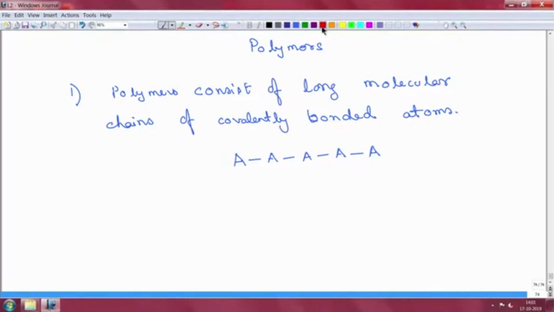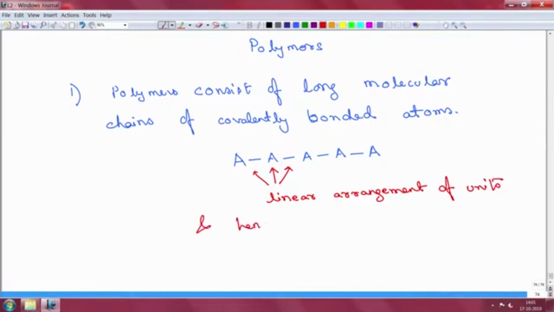Now, in a situation like this where a structural unit is bonded to only two other structural units, and that is repeated again and again, this is known as a linear polymer. This is a linear arrangement of units, and hence called linear macromolecule or linear polymer.